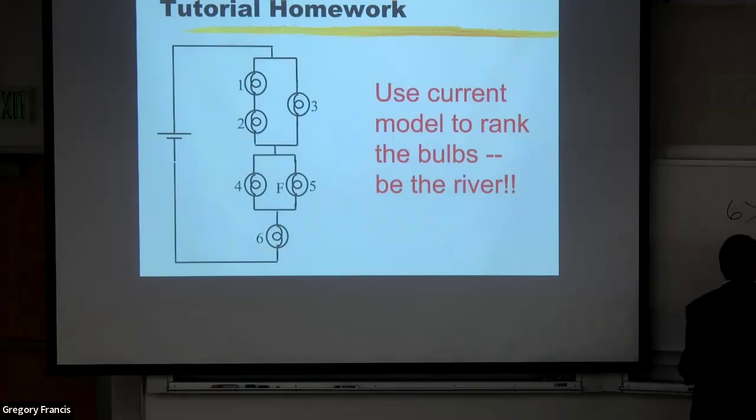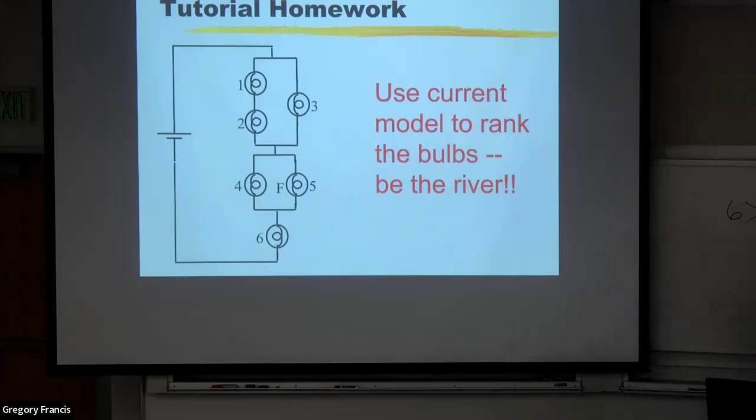And then 4 and 5 are going to be equal because they're equivalent paths. And they're going to be brighter than 1, which is equal to 2, and that's because they're series. And this is because they're equal paths. Parallel paths.